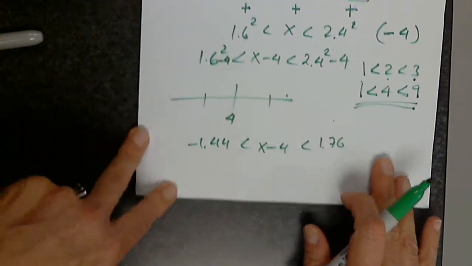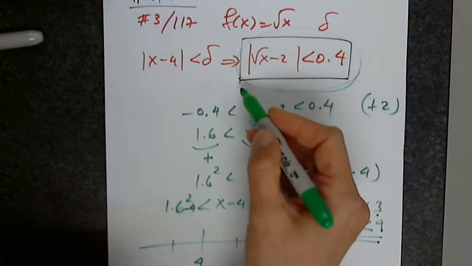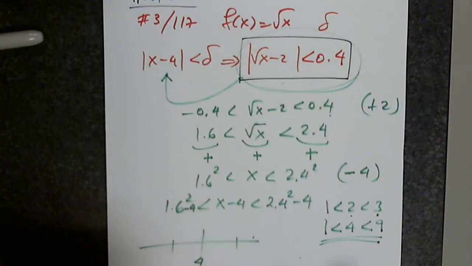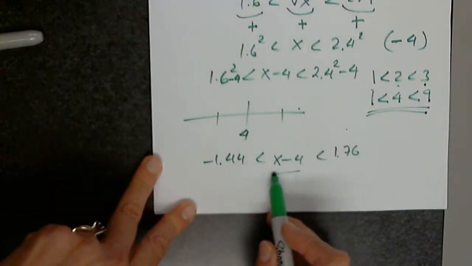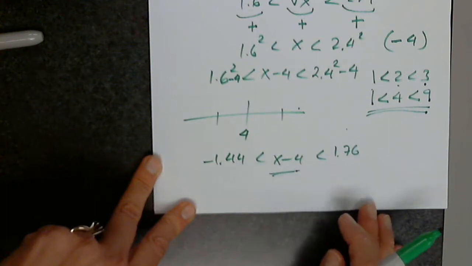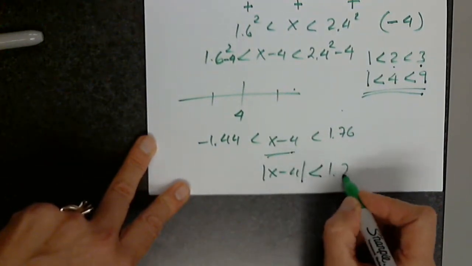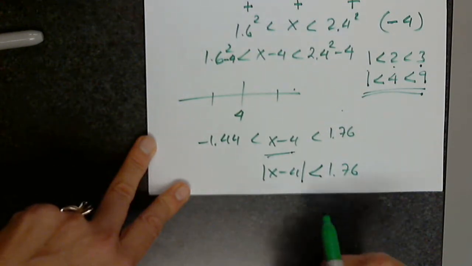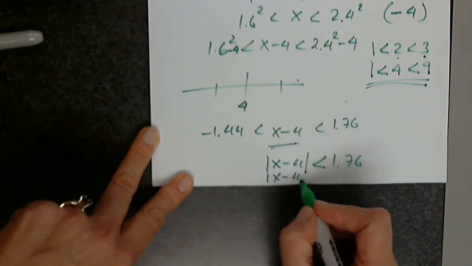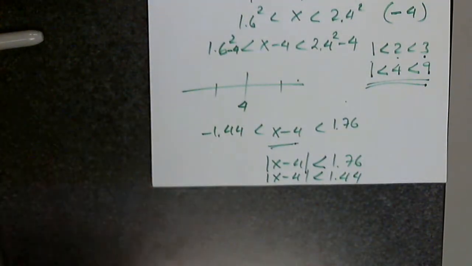So remember, in the epsilon delta definition, I have to construct this in order to identify delta. So I have to have x minus 4. Okay? So the absolute value of x minus 4 must be less than 1.76, or the other option is x minus 4 less than 1.44, because remember, I have two options.